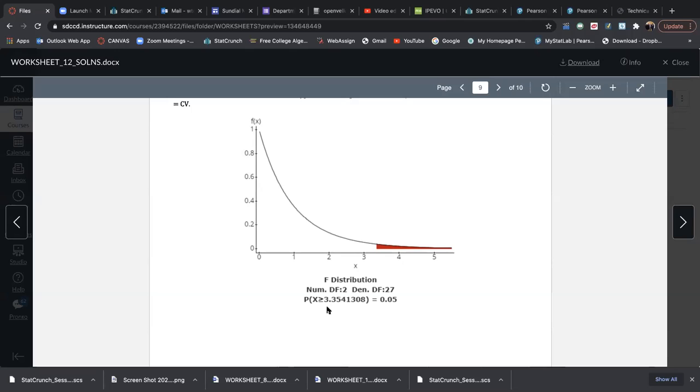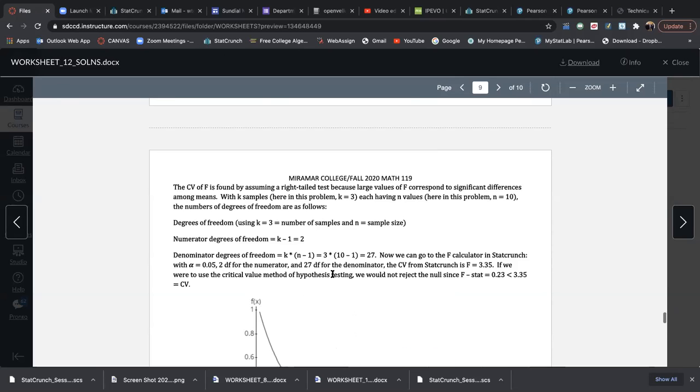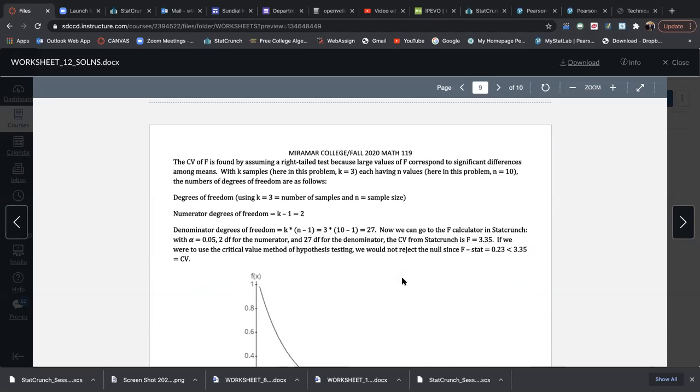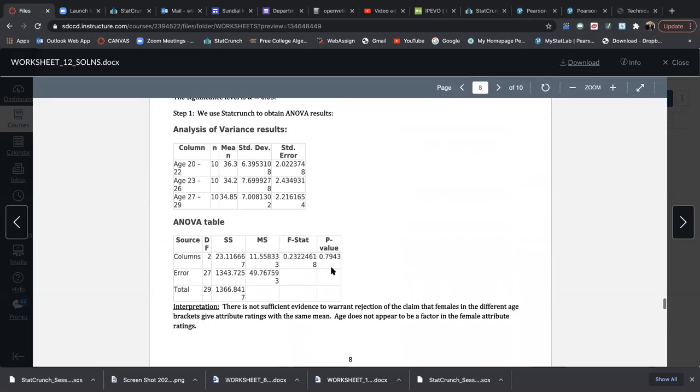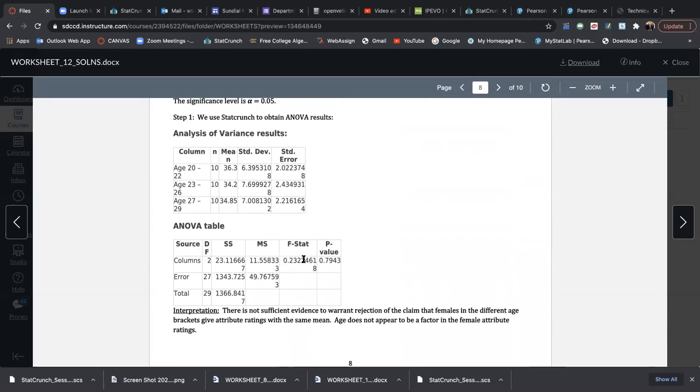And so that'll give us a critical value of about 3.35. And that's all summarized in your solutions here. Okay, 0.23 is our f-stat given to us from the one-way ANOVA back in StatCrunch.